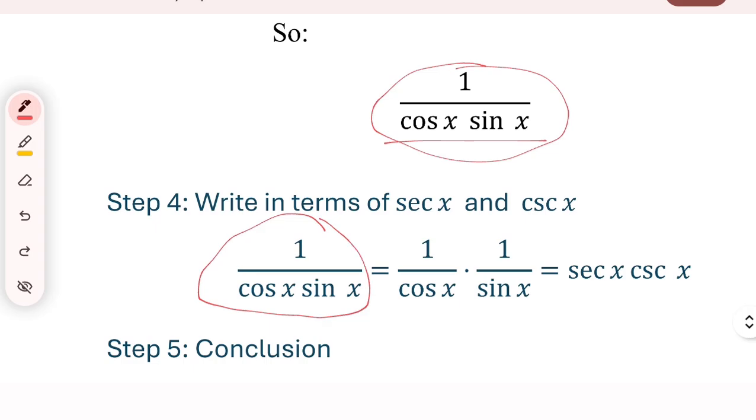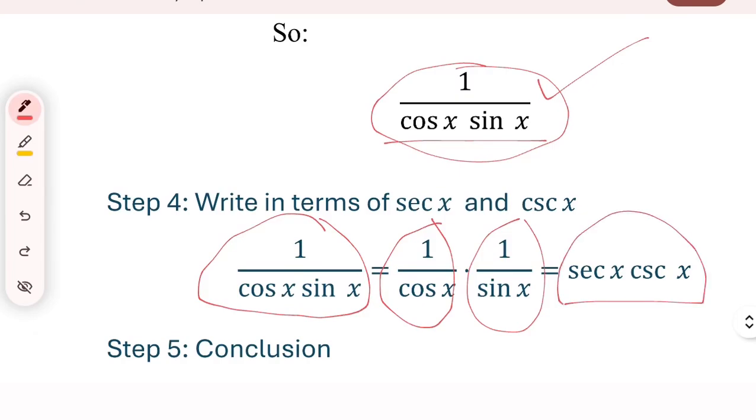Since that is one combined fraction, you can separate it as 1 over cosine times 1 over sine. So you just separated this into two fractions, 1 over cosine times 1 over sine. Why do we need to do that? Because the right side is this.